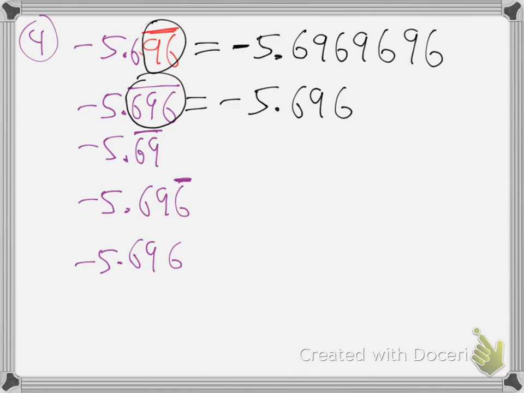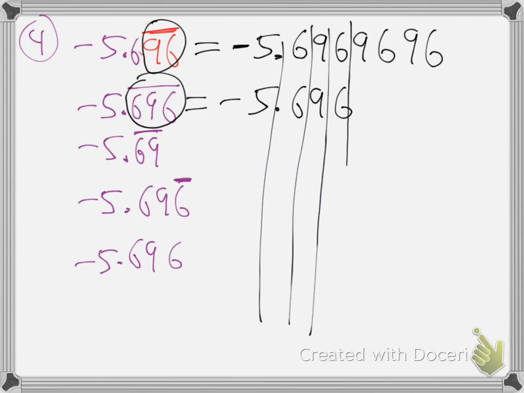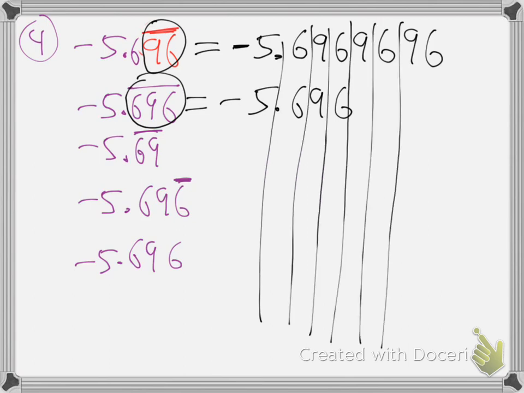And what's going to repeat is the whole 696. So keep everything lined up. Very important. You want to keep these spots lined up, because that's how we're going to compare one with another. 696, 696, 696. See what I did there?